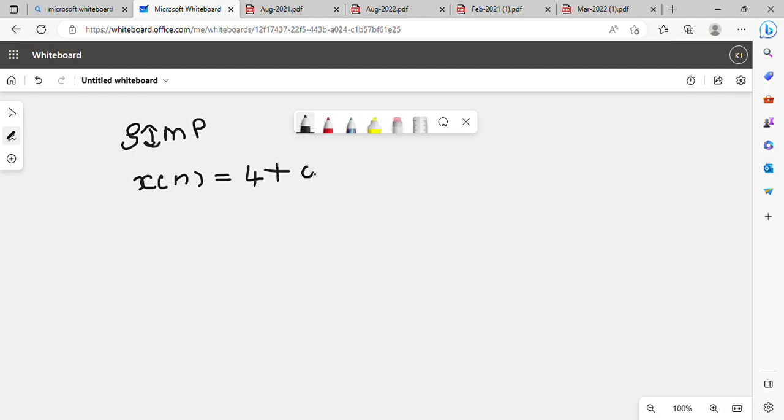It is the cos square, what I can say, your 2 pi n by n. Okay, yes. So this is that particular question, and given your n is equal to 0.